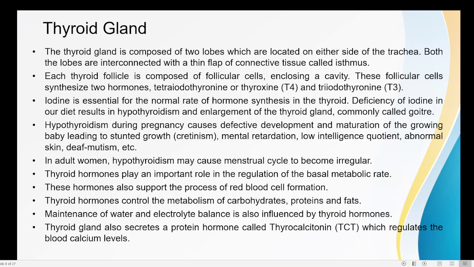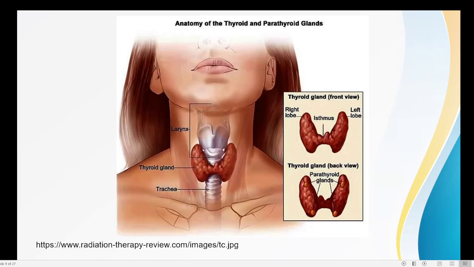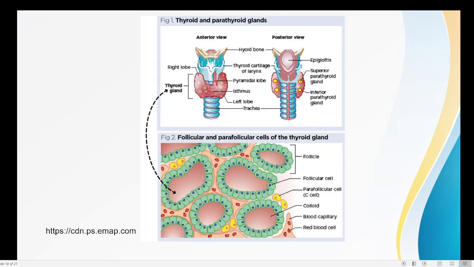Now coming to the interior of the thyroid gland: the thyroid gland is actually formed of many follicles. This portion is formed of a number of smaller spherical structures, which we call follicles.